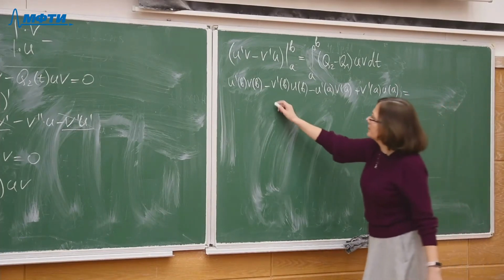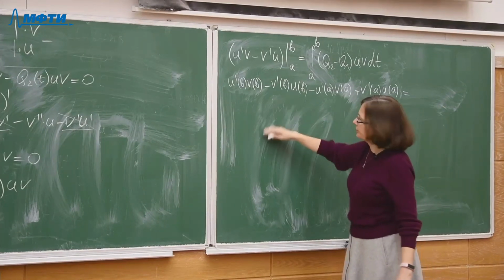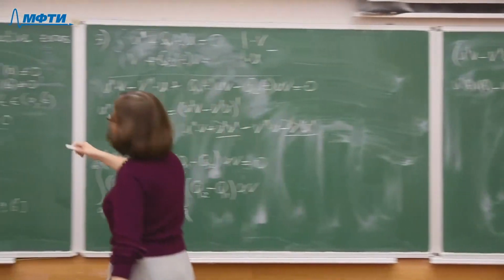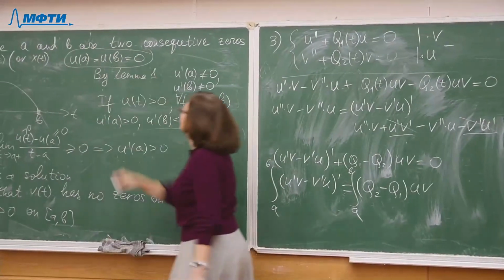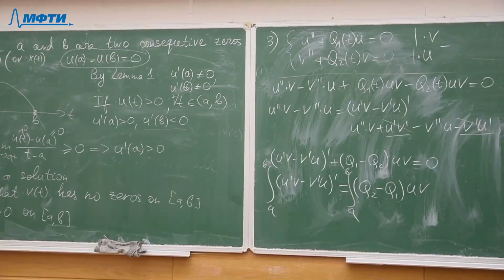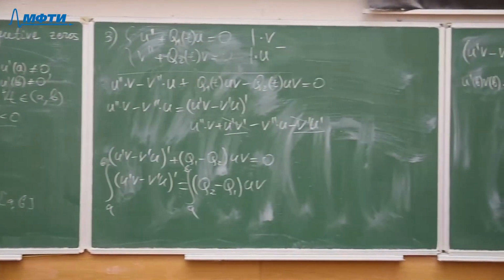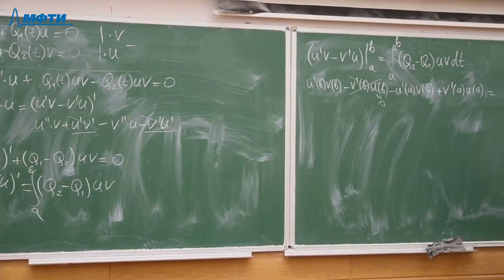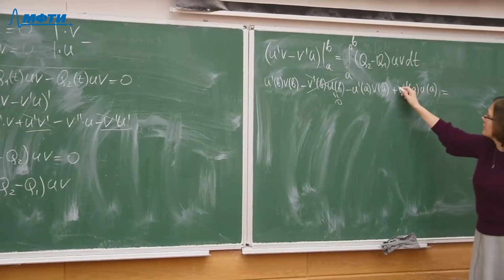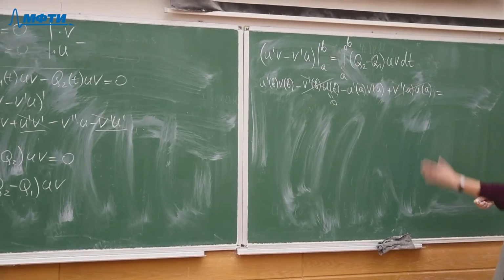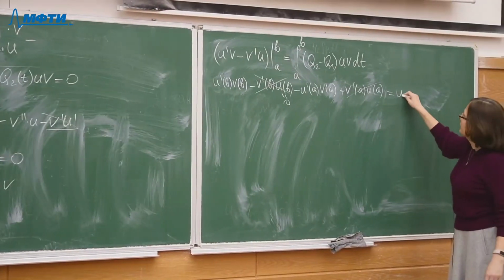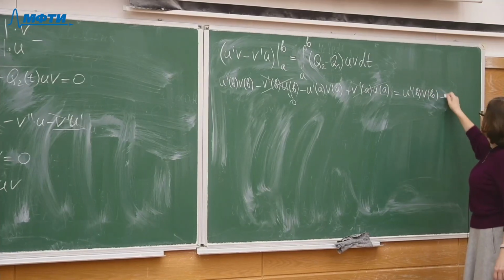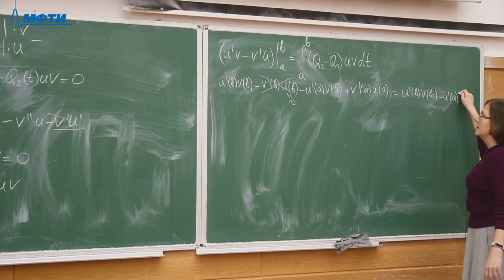We know that a and b are zeros of the function u. Look here. u of a equals u of b equals 0. So this is 0, and this eliminates the second term. And u of a is also 0. This is also eliminated. So on the left, we have the following: u prime of b, v of b, minus u prime of a, v of a.